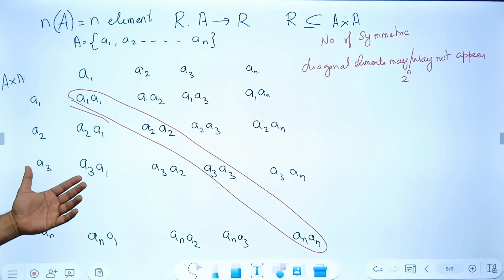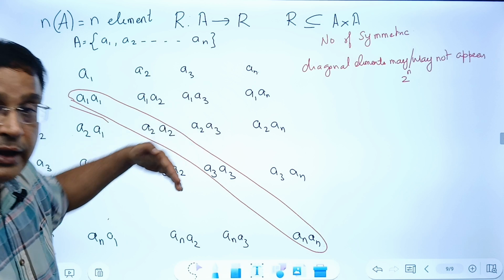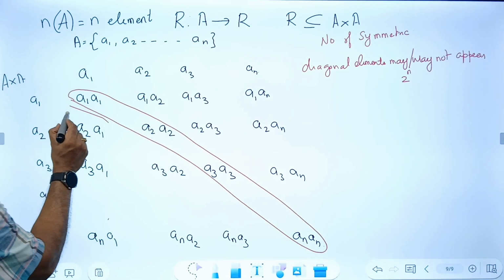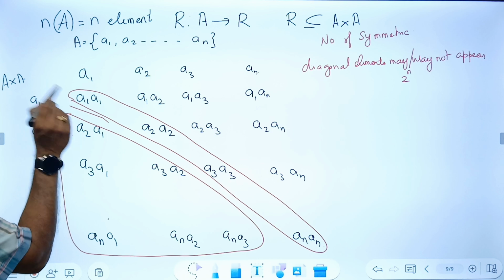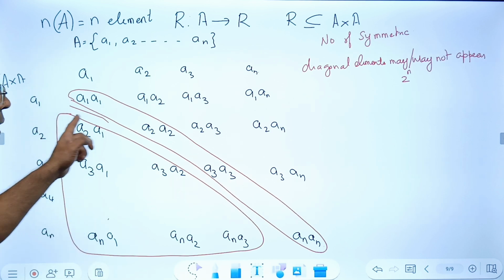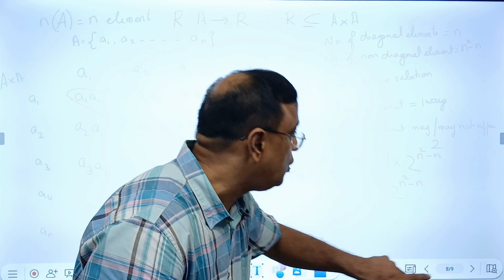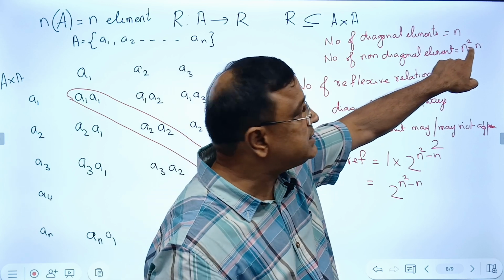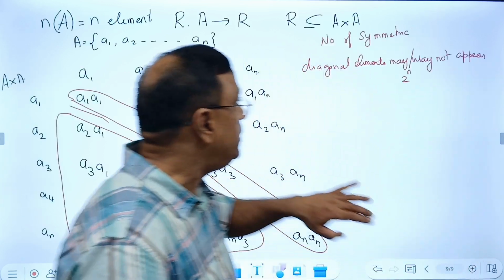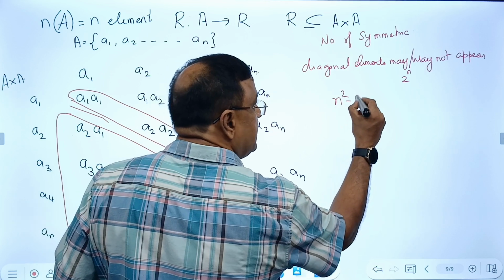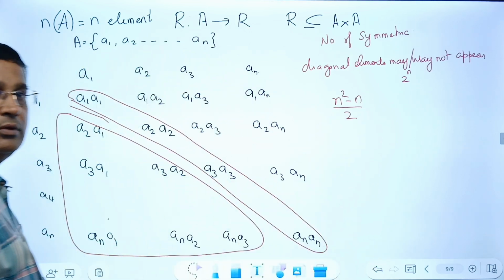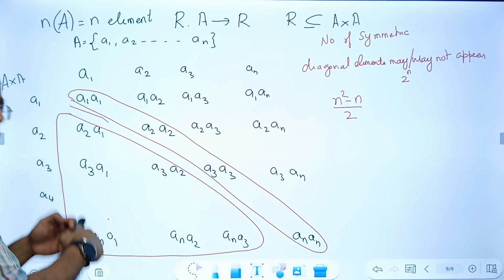So it is not necessary for me to talk about the entire set of non-diagonal elements. It is enough for me to talk about only one half of the non-diagonal elements. So how many non-diagonal elements are there? N square minus n. What is half of it? That is n square minus n by 2. It may appear or may not appear.